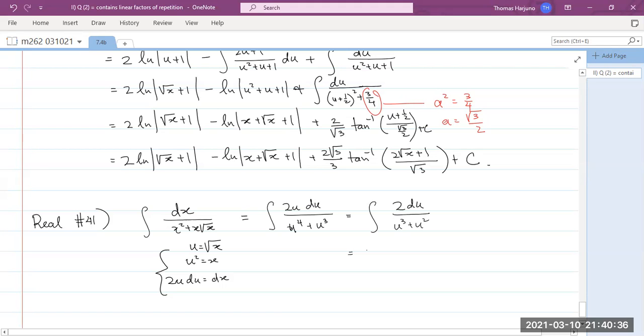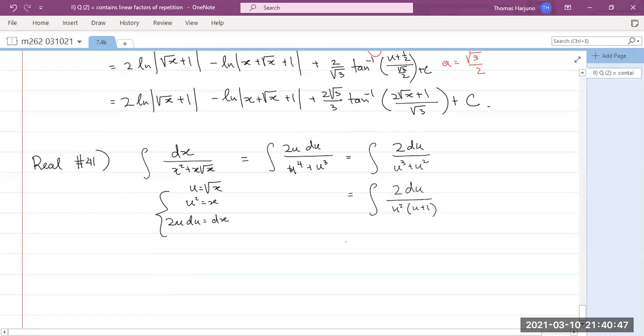Okay, we then factor u squared. Oh, much better, man. So 2 over u squared times u plus 1 equals a over u plus b over u squared plus c over u plus 1.